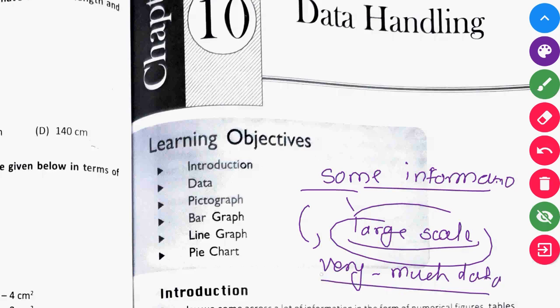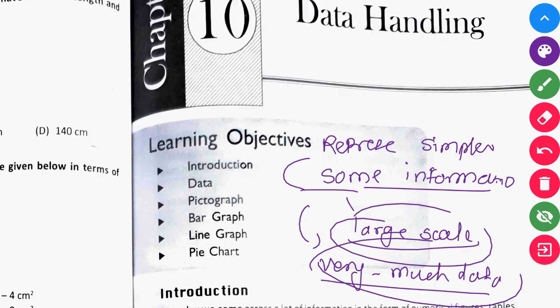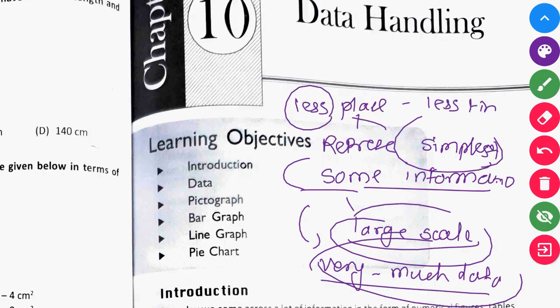So we have to represent that data, or we can represent that data in the simplest form, so that it will take less place, it will take less time to understand it, and we can collect more and more information. Okay, so there are some types of handling these data or this information.